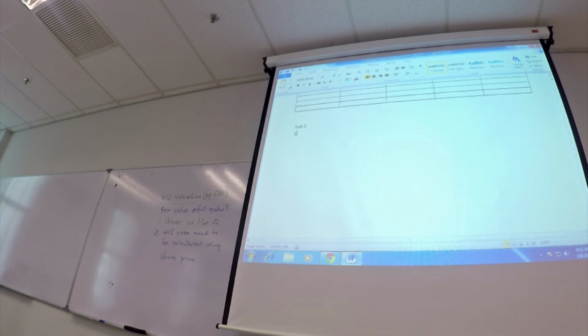Let me see this case for subsidiary 2. Okay, number 1, NCI was valued at full goodwill, at fair value. So number 1, NCI was valued at fair value.